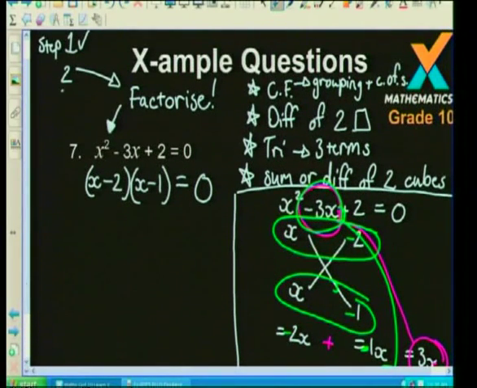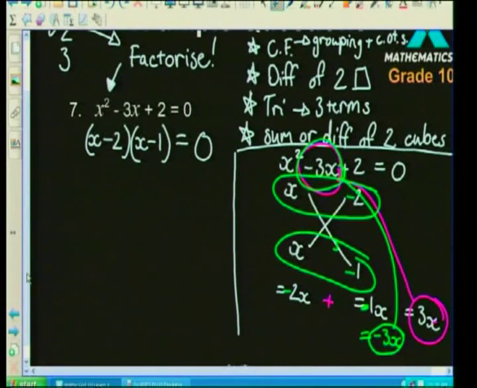Now step 3 is to divide the two factors of the equation into two separate parts and make them both equal to 0. So we have x minus 2 is equal to 0, and x minus 1 is equal to 0. The reason we've done this is because 0 multiplied by anything is going to give you an answer of 0.